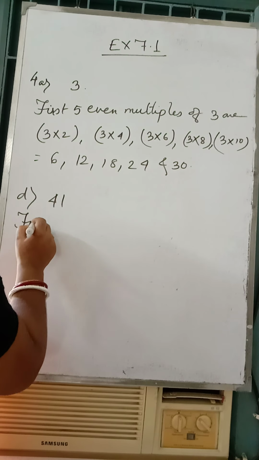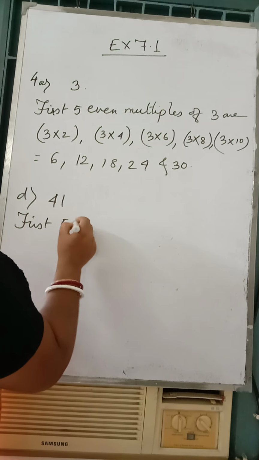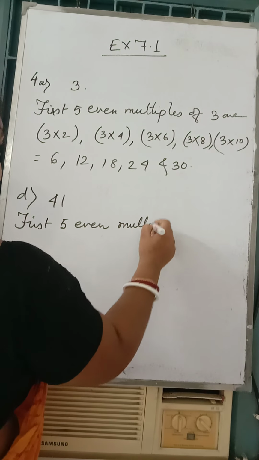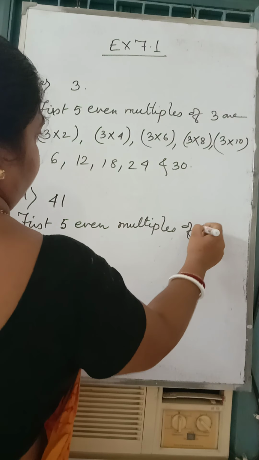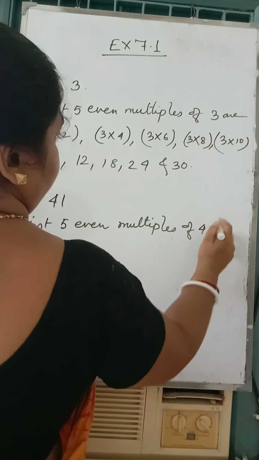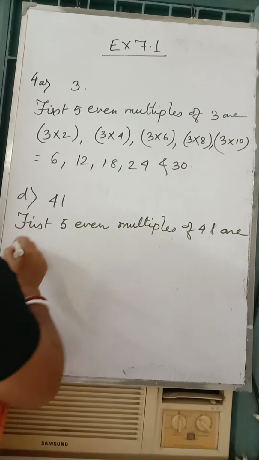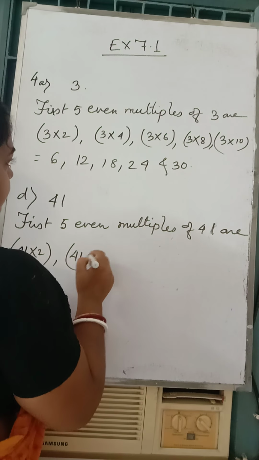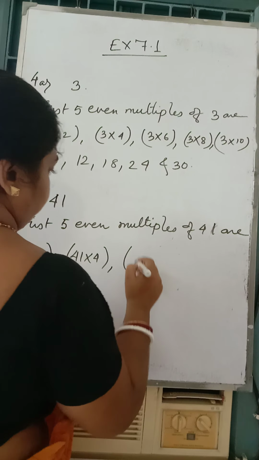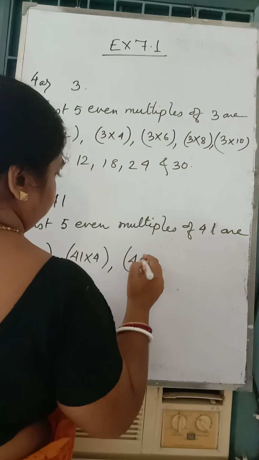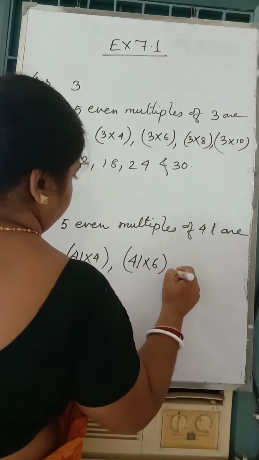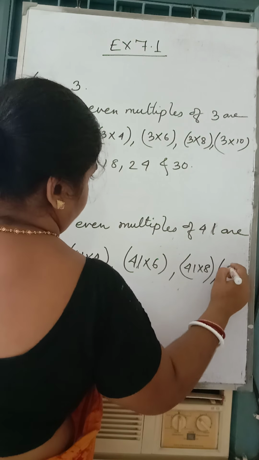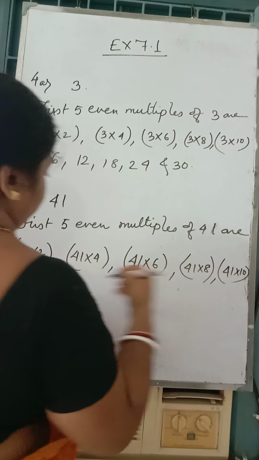Okay. Look at number D, 41. So first you must mention these words clearly: even multiples of 41 are 41 into 2, 41 into 4, 41 into 6, 41 into 8, 41 into 10.